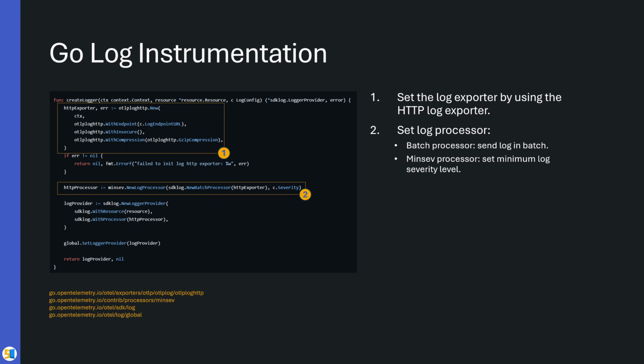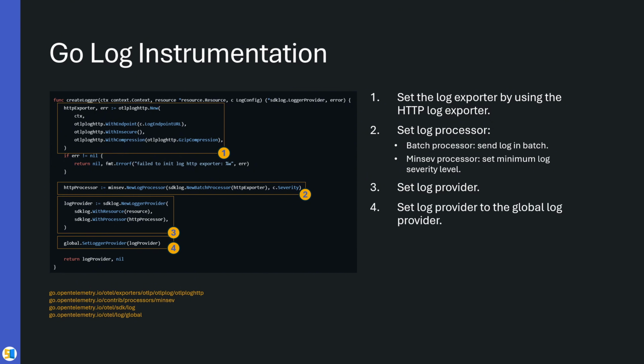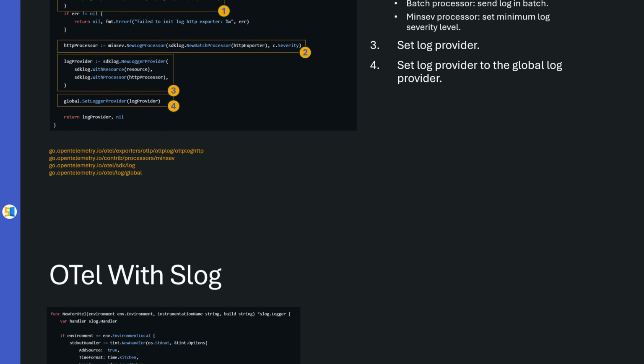So for example, for debug logs, I maybe don't want to send them in production. The minimum level of severity will be info, let's say, or maybe warning or error. And then I set the log provider, similar to what we have done in trace, and set it as the global log provider.